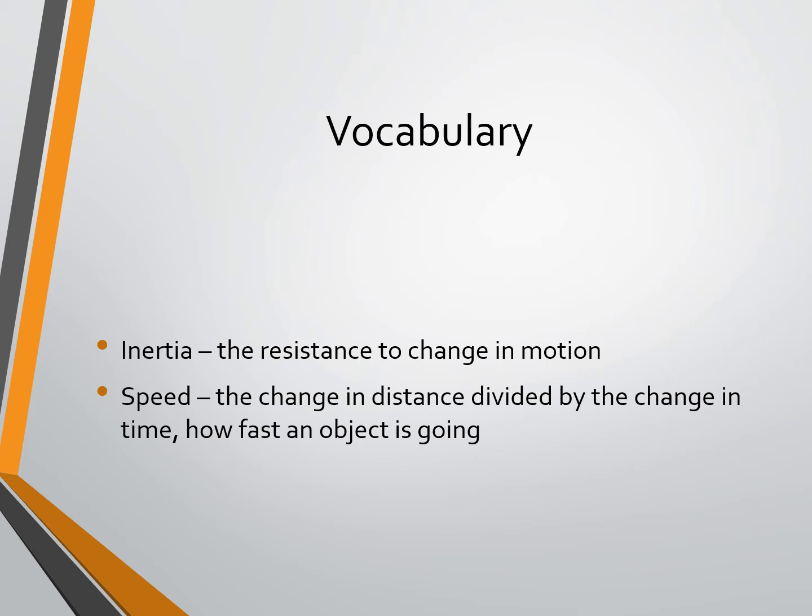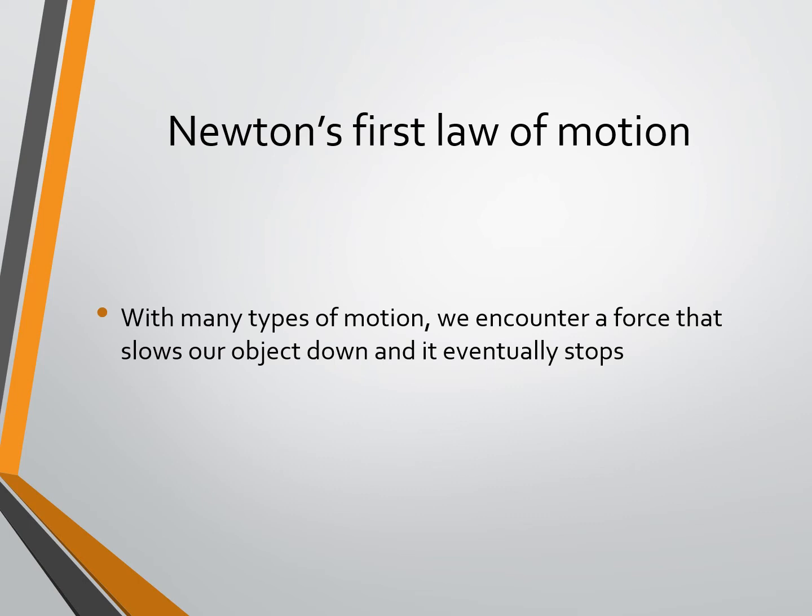So this is two of the things. The other thing we need to focus on is this non-zero force aspect. In our day-to-day lives, with pretty much everything, we're going to encounter a force that eventually slows down and stops our object. We don't always have the luxury of looking at Newton's first law of motion, especially in the straight line at a constant speed situation.